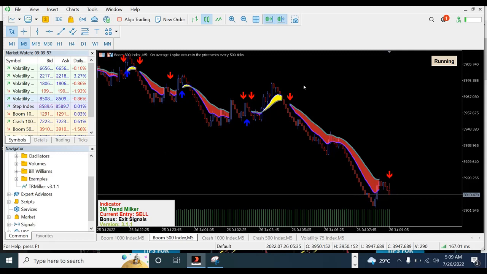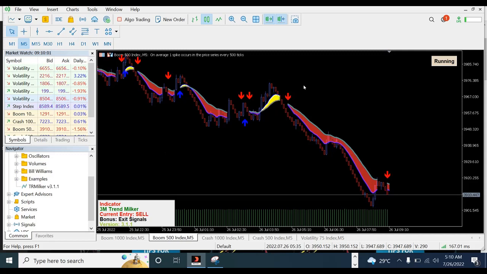So let me quickly say this in case you are a newbie. Like I said, Boom and Crash are part of synthetic indices. They are traded 24/7. There is no specific time for trading days, and there is no best time for trading it. The only thing that you can say is the best moment for trading it is you knowing the right trend to trade it. Once you know the right trend, there is about 90% assurance that you're going to close your trade in profit, except if you are too greedy about it.